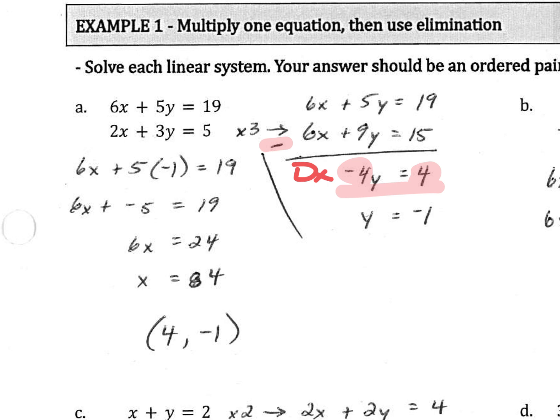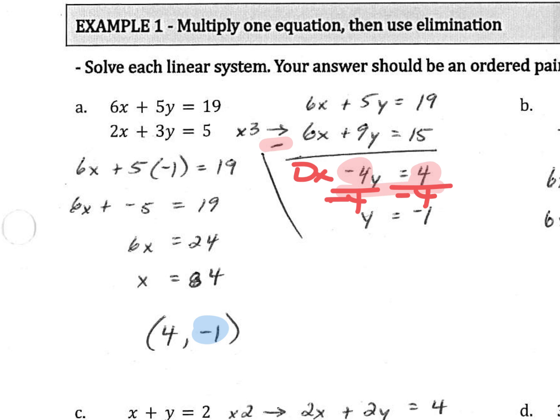Well, negative 4 times what number is 4? If we divide both sides by negative 4, we get negative 1. 4 divided by negative 4 is negative 1. So that's part of our answer. If you look down below, part of our answer is negative 1 for our y number.